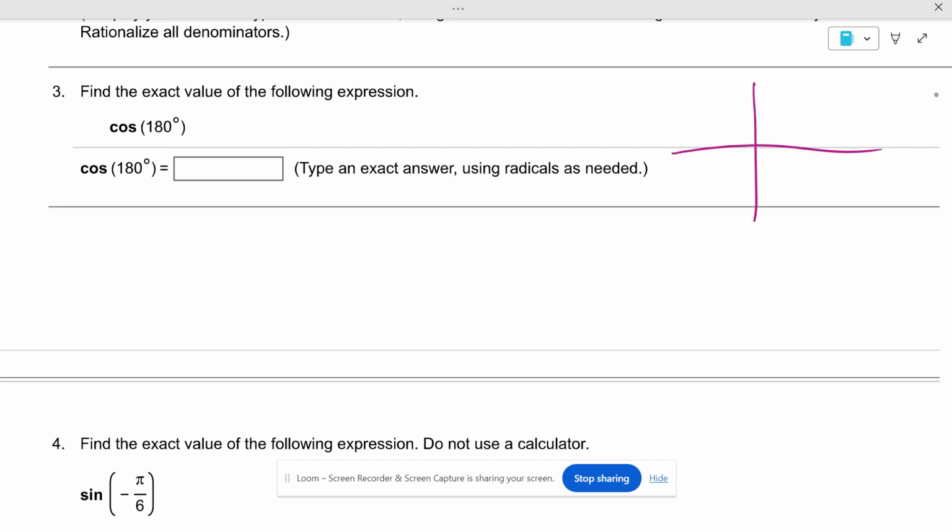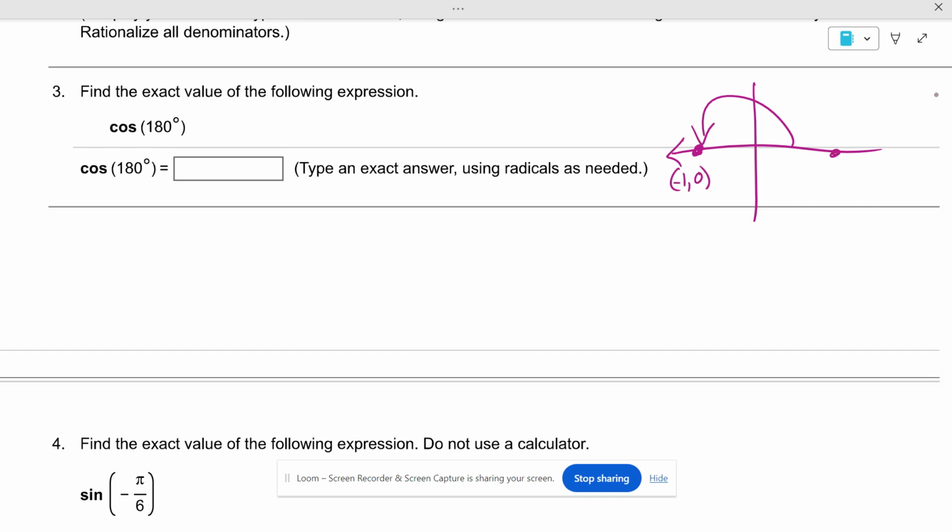So cosine of 180 degrees. Remember, 180 degrees is halfway around the circle. So if you go cosine of 180 degrees, you're going cosine over here. Well, where is that point? What we like to do is use the points when we're on the axis of 1 or -1, 0.